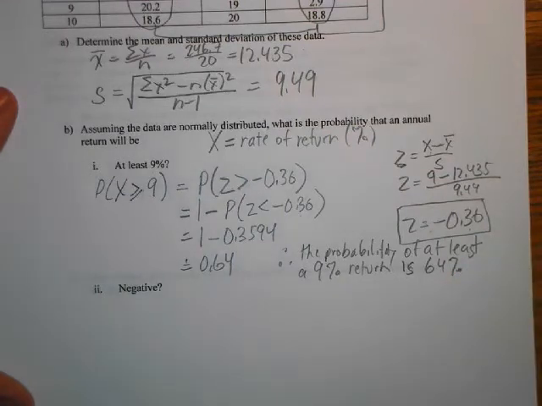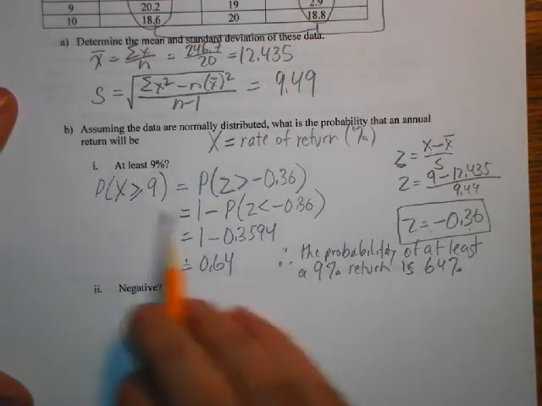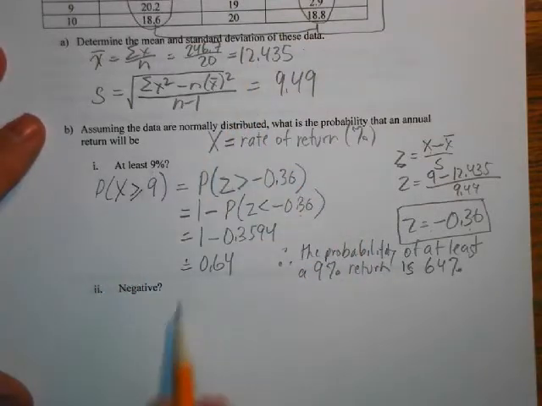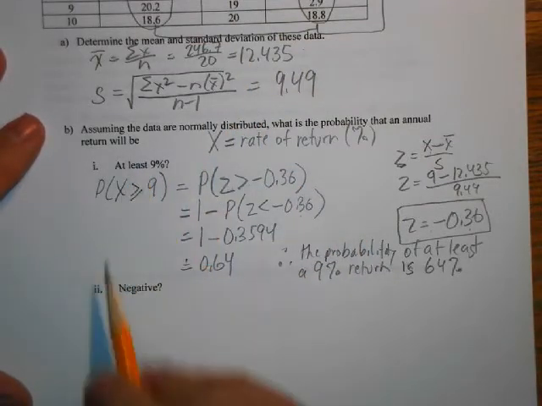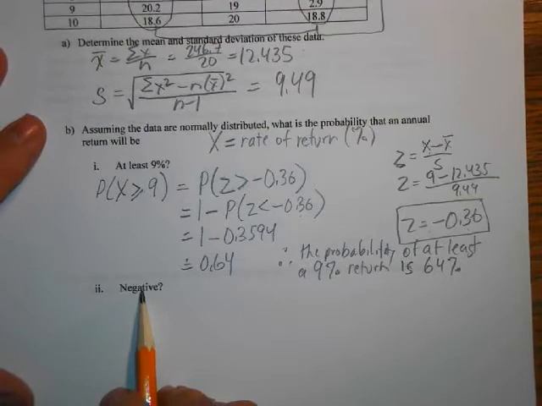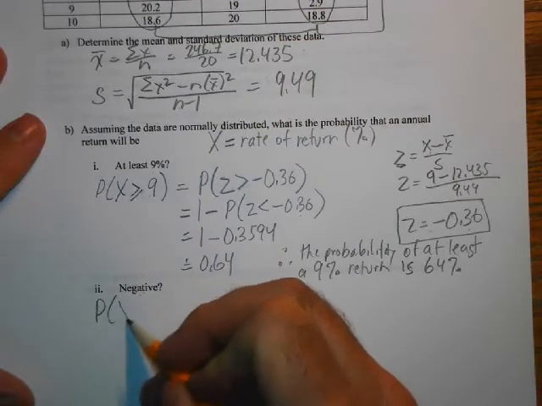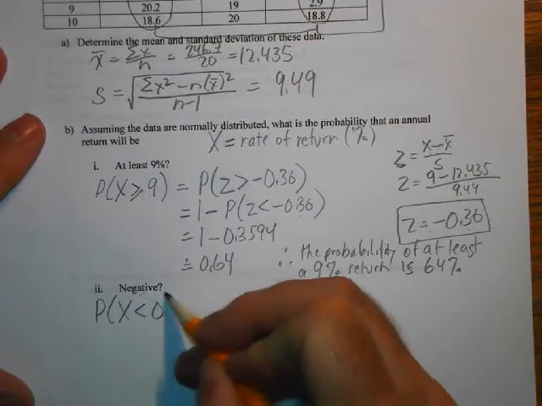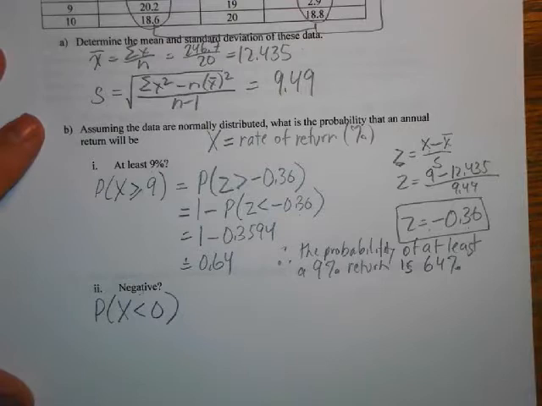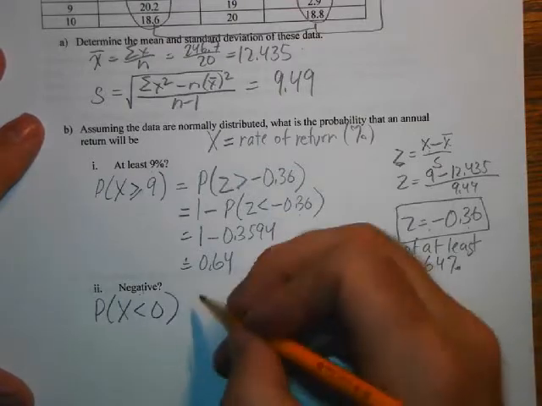So, okay, so let's try another question here. Same data, this time they're saying that the annual return will be negative, which means you're losing money. Okay, so what does that mean? Well, negative means you're looking for the probability that x is less than 0. So, same thing as before.